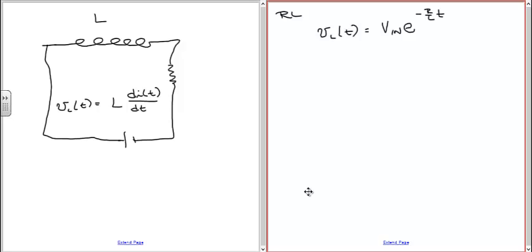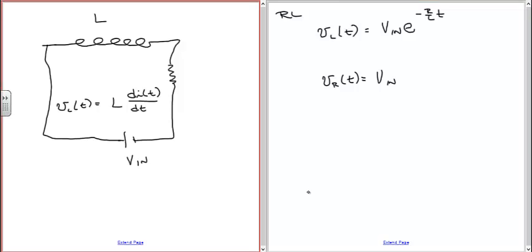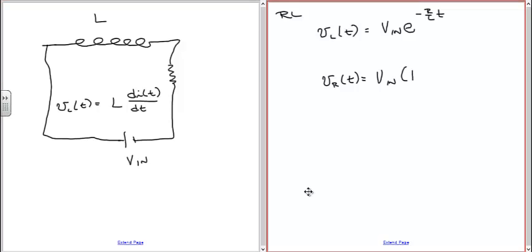So when t equals 0, this goes to 1, and initially all of the voltage is across the inductor, and there's no voltage across the resistor. The voltage across the resistor is equal to the input voltage, due to the battery, the DC source, times 1 minus e to the minus R over L t.